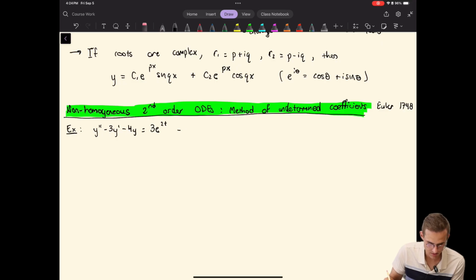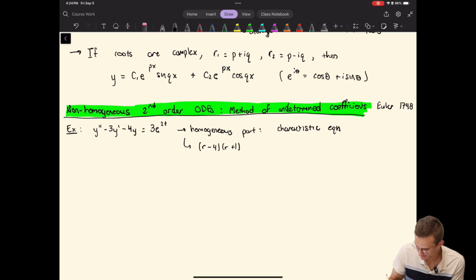So for the homogeneous part of the equation, we just use the characteristic equation to find that. So we know that this is going to be r minus 4 and r plus 1 is equal to 0.